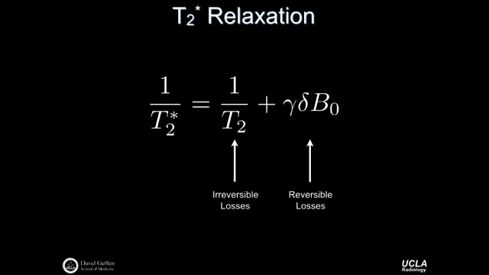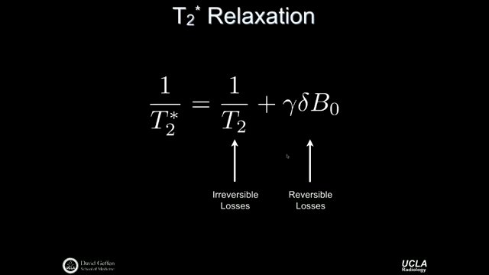If we look at it mathematically, we'd say that 1 over T2 star equals 1 over T2 plus gamma times delta B0, some field offset inside that pixel. I said these signal losses are in principle reversible, and you may not believe me yet because you haven't seen the math.